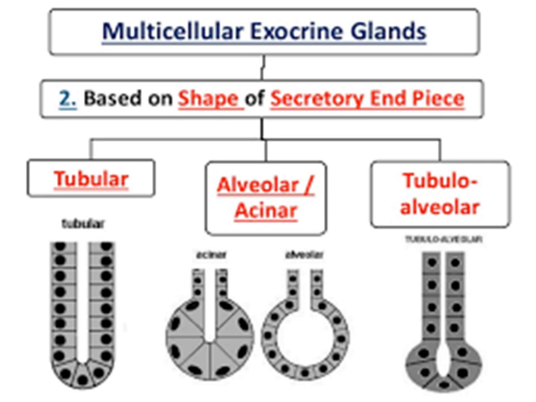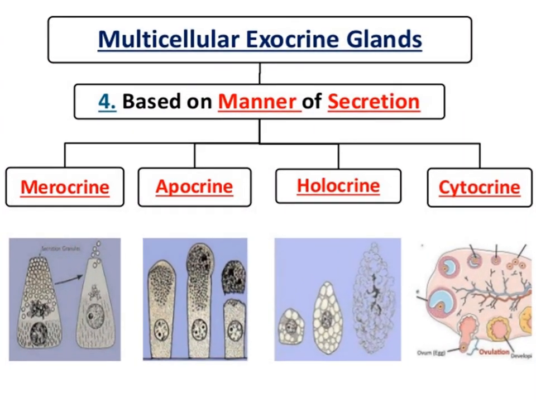Okay, let us go on to the next one, multicellular exocrine glands. And here this third classification, it is not actually four, third. The third classification is based on manner of secretion, or we can say mode of secretion. As we said already, these glands are going to secrete either an enzyme or saliva or mucus, whatever substance it is going to secrete.